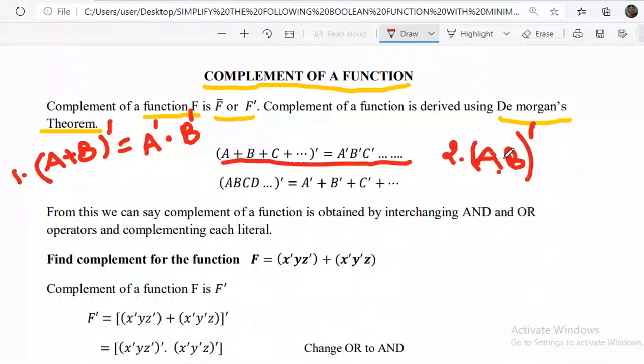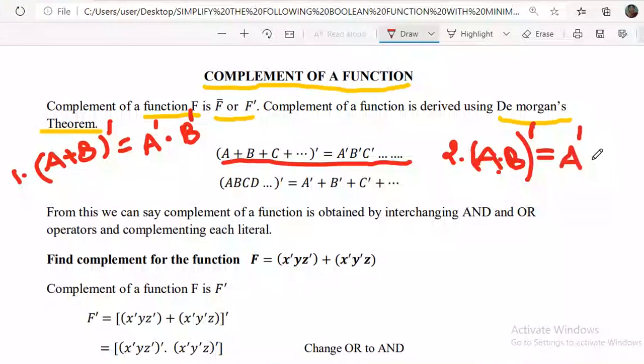Even if I don't keep the dot, it is understood to be multiplication. The same De Morgan's law means I have to break this whole bar and make individual bars, A dash and B dash.